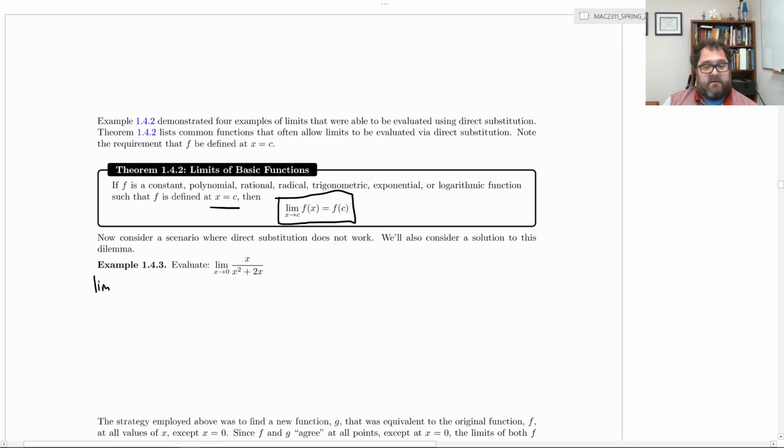If I try to use direct substitution, which should always be my first choice, I get the limit as x approaches 0 of x over x squared plus 2x. If I try to evaluate with direct substitution, I would get 0 over 0 squared plus 2 times 0, which is 0 over 0. That is what we would conclude at that point: we have an indeterminate form.